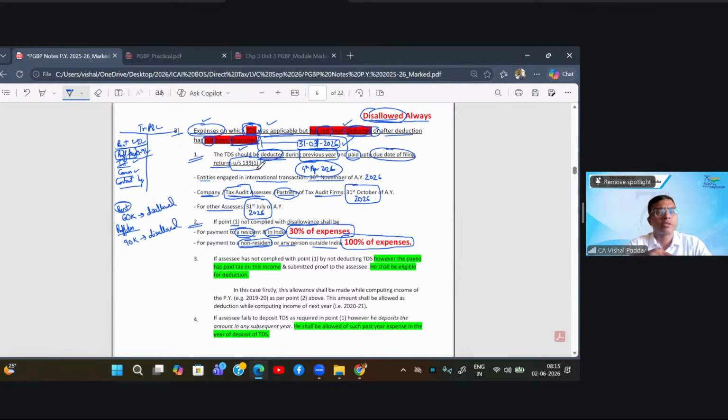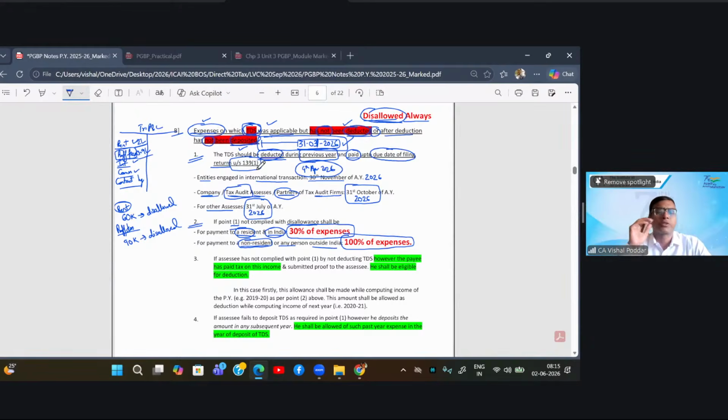So the logic of TDS is when you are making the payment, at that time itself you deduct the amount. So that even in future, for some reason, if I'm not going and filing my returns, if I'm not going and paying my tax, at least some part of the tax is received by the government. This is the ideology of TDS.